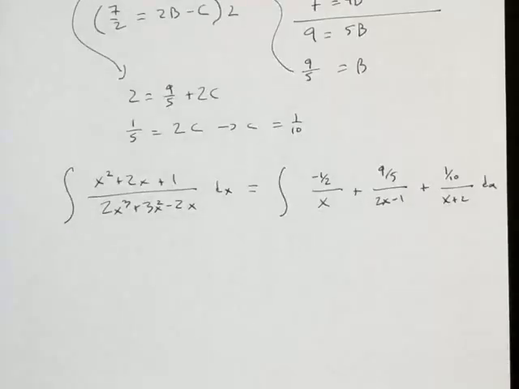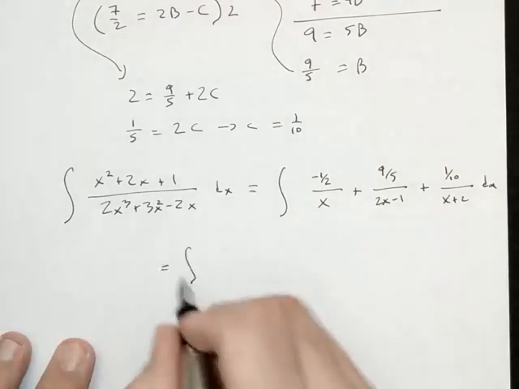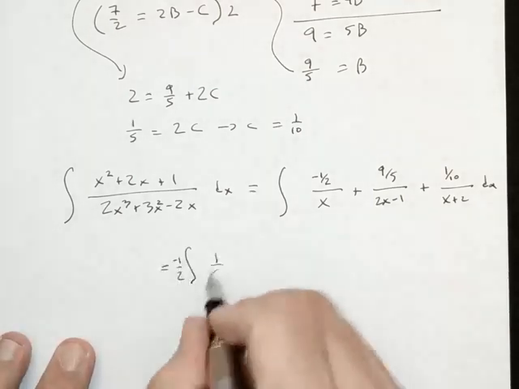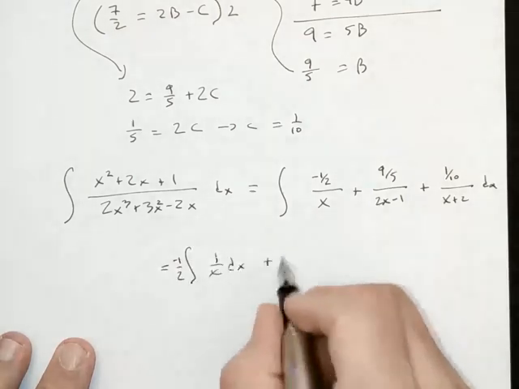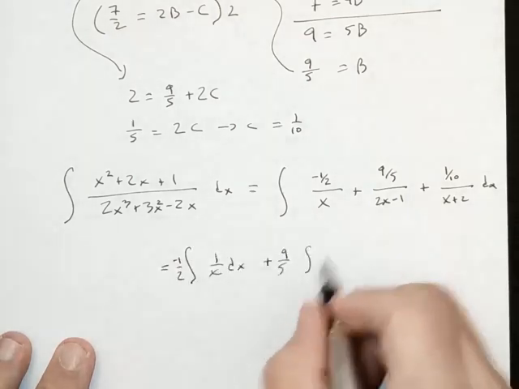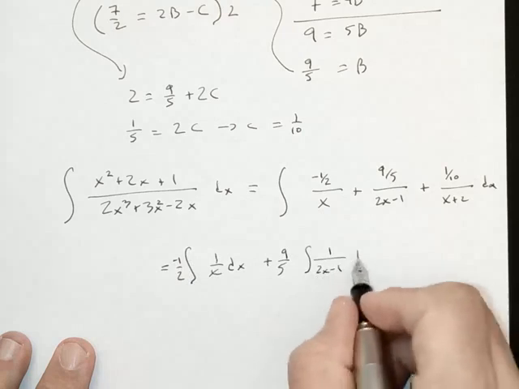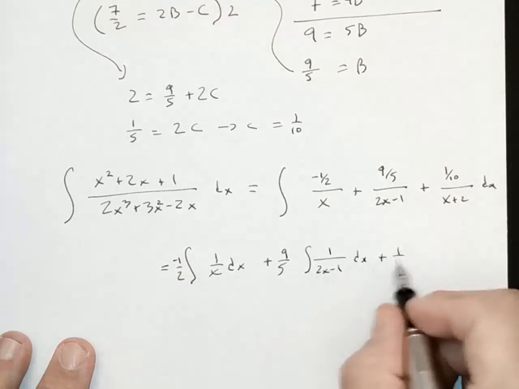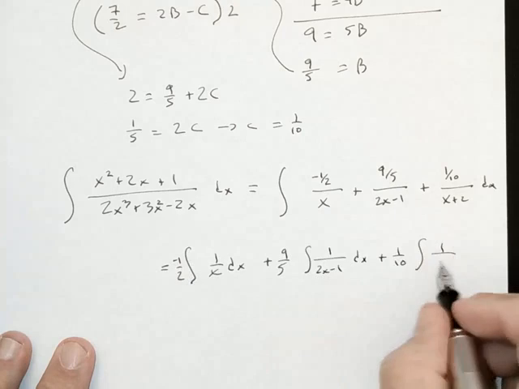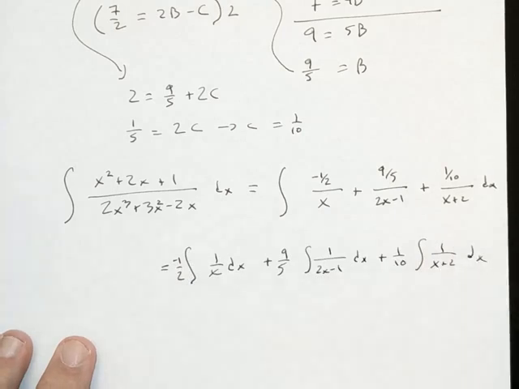Each of those three pieces results in a logarithm. I'll have to do a u substitution for the second and the third one. But let's separate these. Negative 1/2, 1 over x dx, plus 9/5, 1 over 2x minus 1 dx, plus 1 over 10, integral 1 over x plus 2 dx.